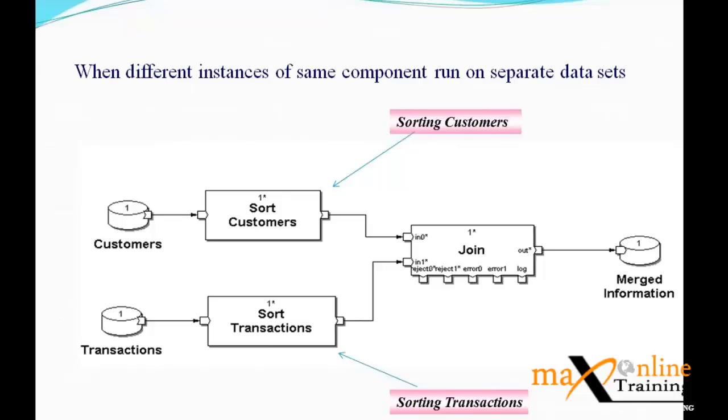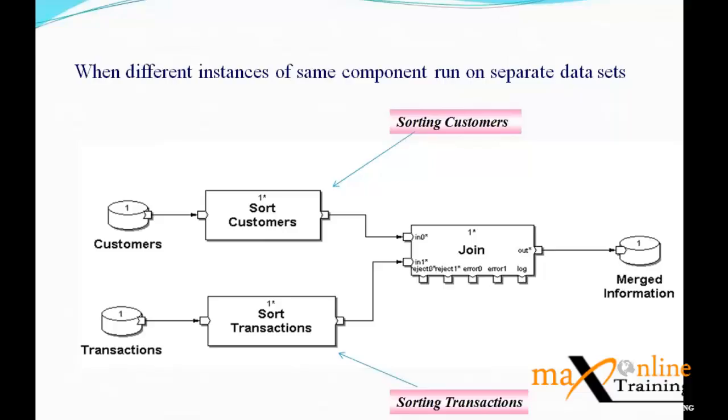So if you run this graph, since we have two source branches and we are applying sort on both of the branches, these two sort components can run at the same time. When different instances of the same component run on separate data sets, component parallelism will occur.